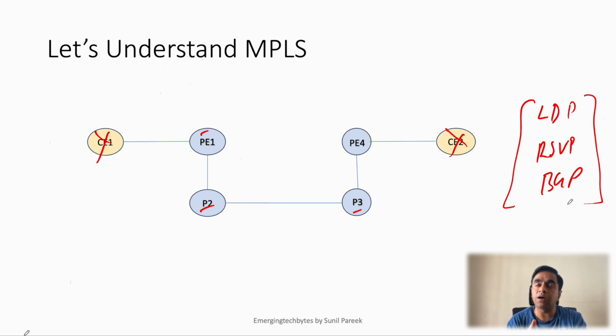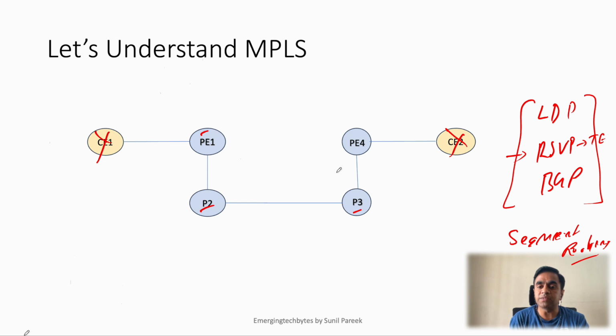Of course, they have different applications. For example, RSVP you only use when you need traffic engineering, and now we are already moving towards segment routing, but that's a different topic, so let's just not go there.